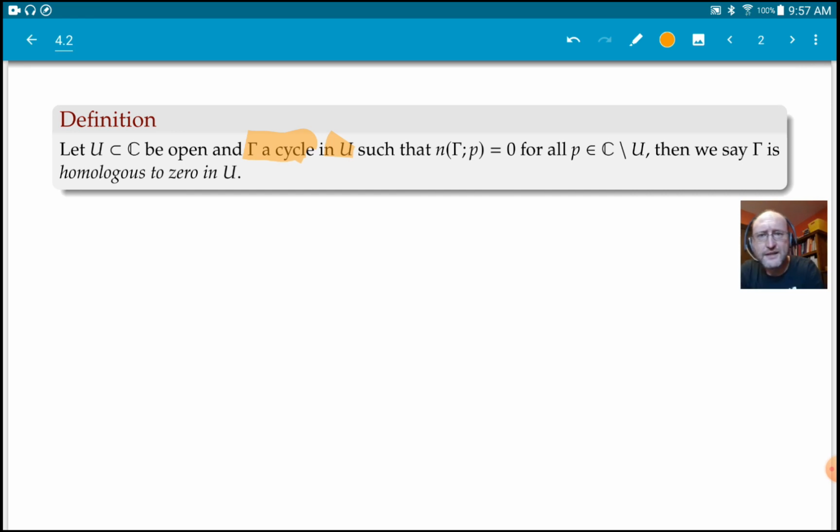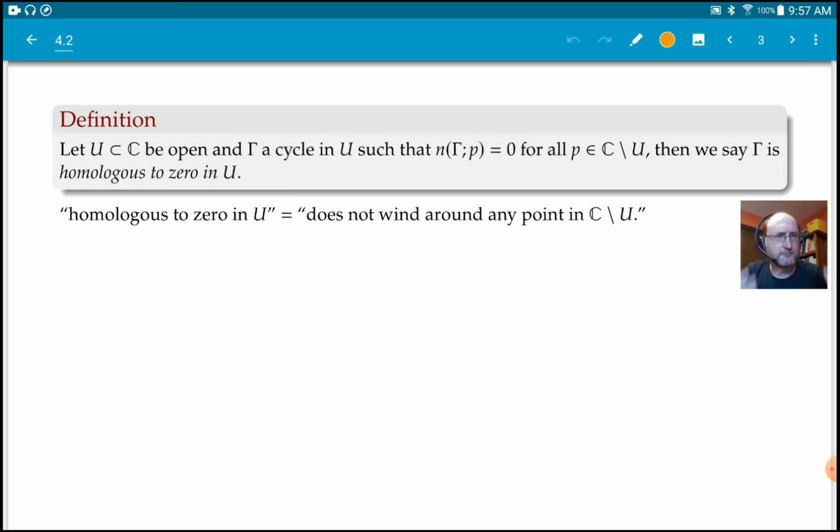If we have a cycle gamma in an open set U such that the winding number of gamma around every point in the complement of U is 0, then we say gamma is homologous to 0. In plainer language, gamma is a cycle that does not wind around anything not in U. It doesn't wind around any point of the complement.